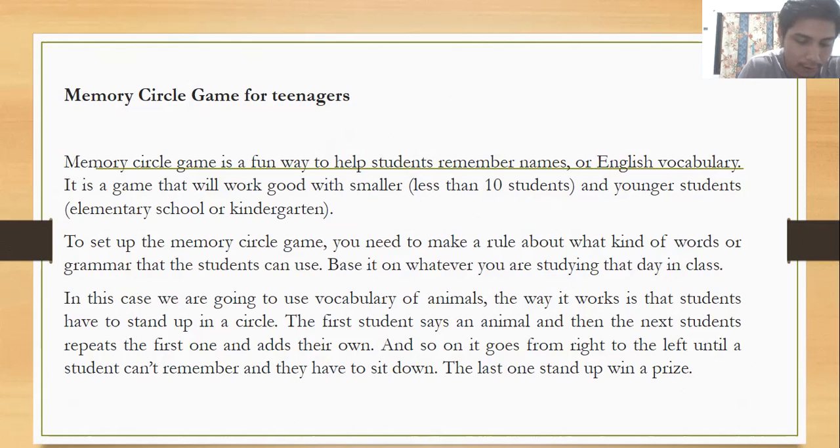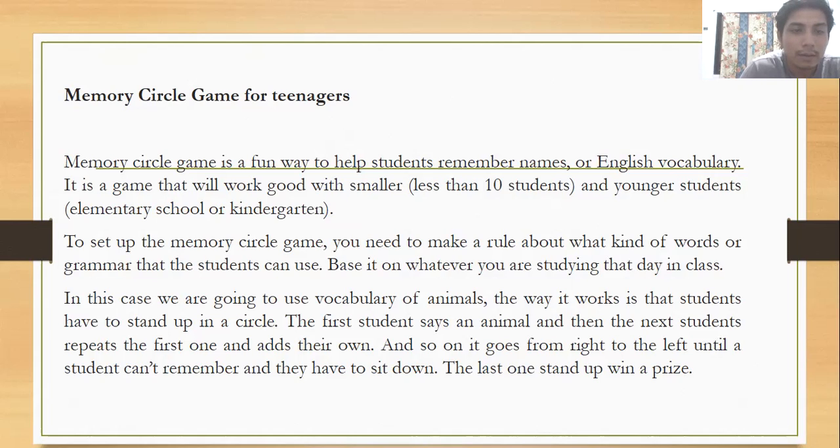And well, this is a game and consists, as it mentions, of a memory circle game. And it's a fun way to help students remember names or English vocabulary. This is a game that will work well with a small group of students, at maximum 10 students, younger students, elementary school or kindergarten students.